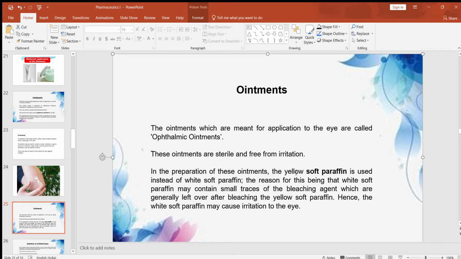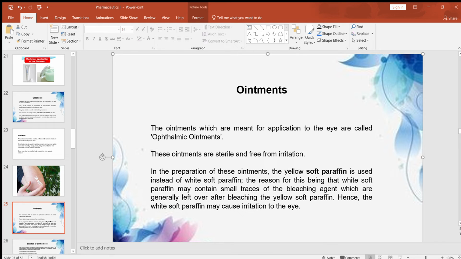As the name suggests, yellow is yellow colored and white is white in appearance. Now why is it white in appearance? Because it is prepared from yellow soft paraffin. The yellow color of yellow soft paraffin is decolorized by using a bleaching agent.